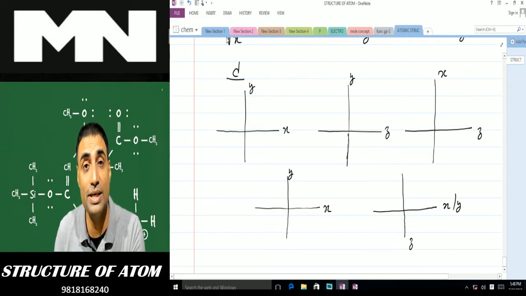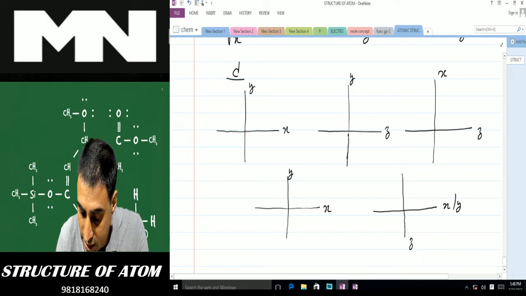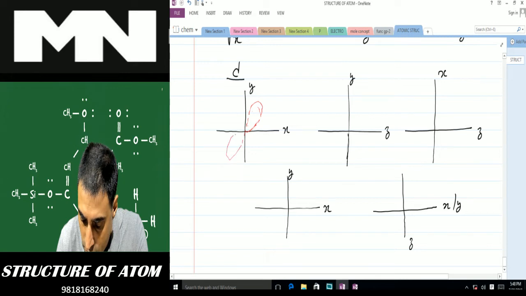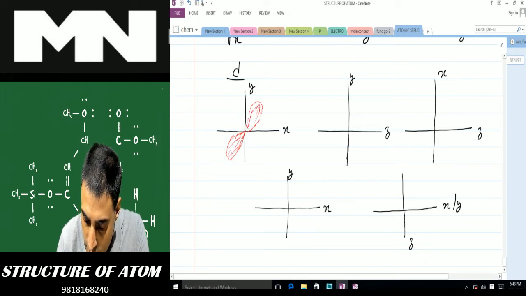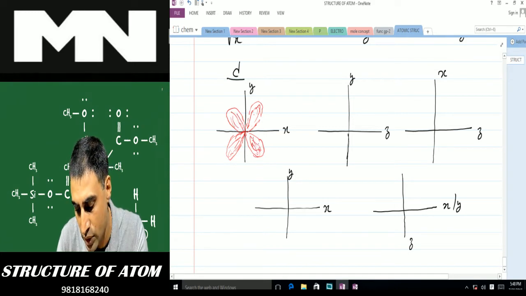I said that d will have 2 dumbbells, and those 2 dumbbells can be between the axes, like here you have one dumbbell, you can see like this, another dumbbell can be like this. So here you got an electronic field where you have 2 dumbbells.